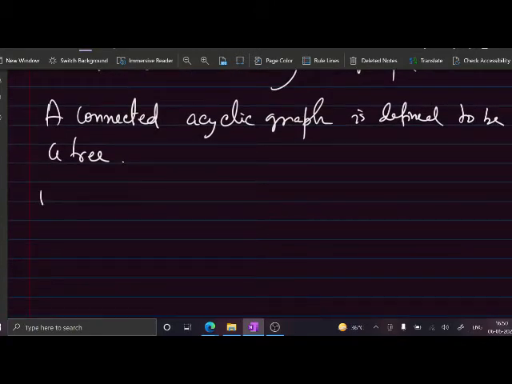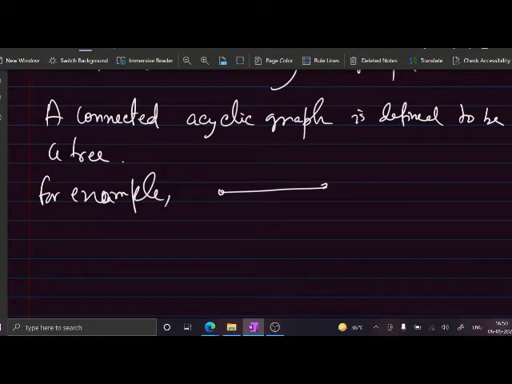For example, this is a connected graph and it has no cycle, so it is acyclic and it is connected, so it is a tree.